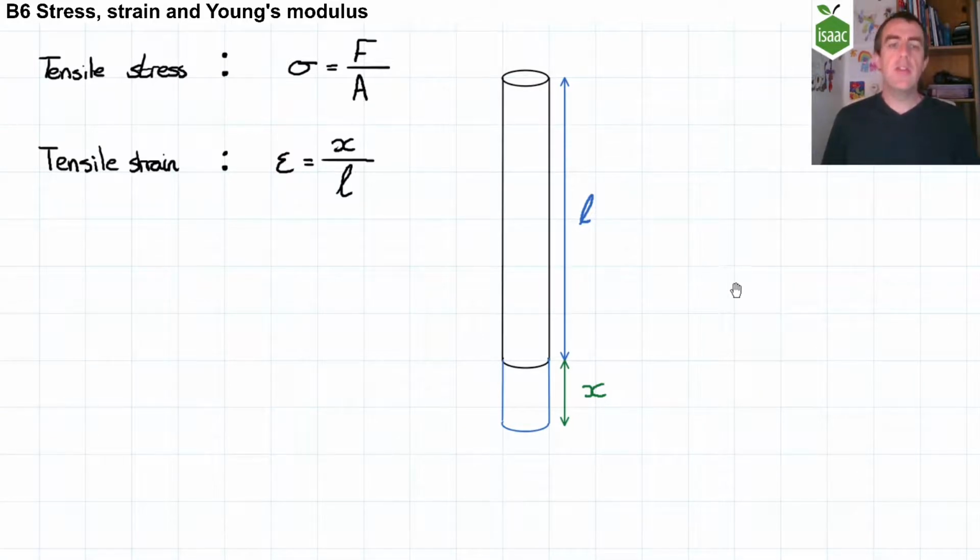And in fact, it's usually given as a unitless quantity. So for example, if we have an extension in centimeters, it's sensible to give our length in centimeters as well, so that the centimeters cancel and we are left with a decimal. Sometimes strain is also given as a percentage.